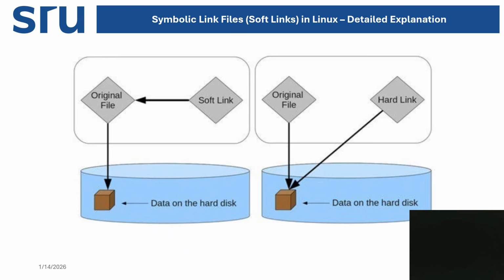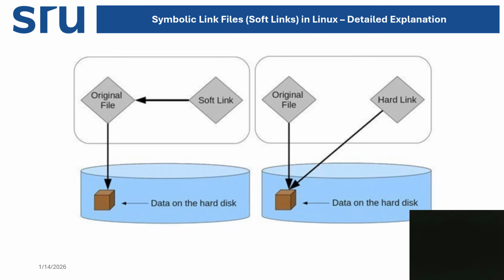So this is the picture. The right side we will discuss later. First the left side. Here, the data is available in the hard disk, and the file pointing to it is called the original file. When we create a symbolic link, it simply points to the original file only, because the symbolic link doesn't know the location of the original data.